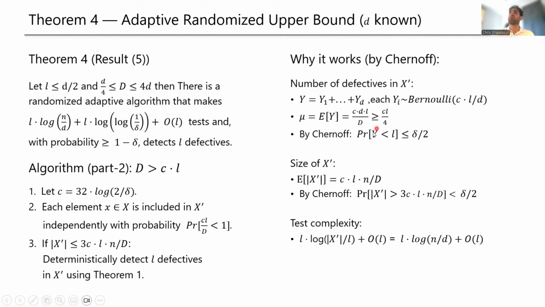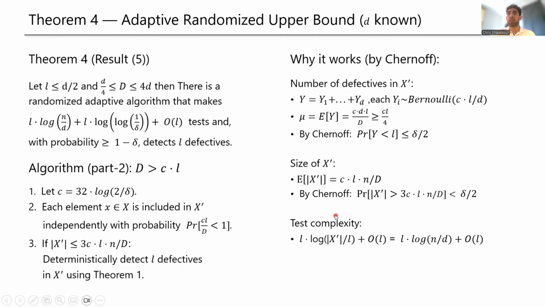And with this proof, we also can use the information regarding the number of defective items we found in X prime to run an L defective algorithm, to use an adaptive deterministic upper bound that we proved in theorem number 1.